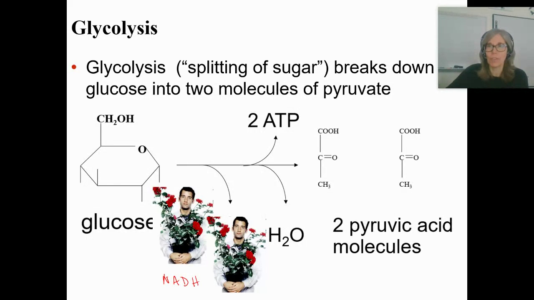So we make a couple of those. So those transport molecules, those delivery molecules, are going to take electrons from glucose. It's going to take electrons and some hydrogen and transport them somewhere. And that is the mystery. Where is it going to go? Where should we bring those?